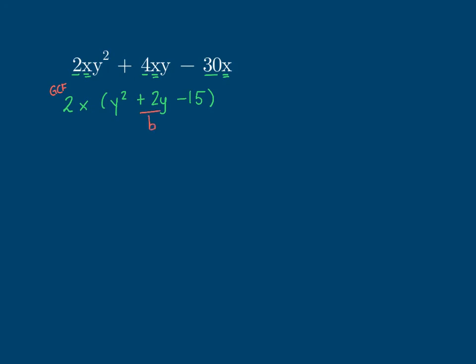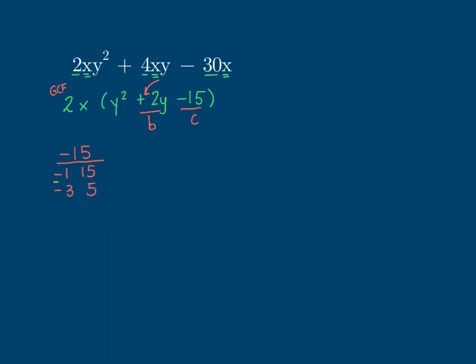So in this case, b is 2 and c is negative 15. So I'm looking for factors of negative 15 that add to equal 2, positive 2, so my larger factor is positive. So I have negative 1 and 15, or negative 3 and 5.